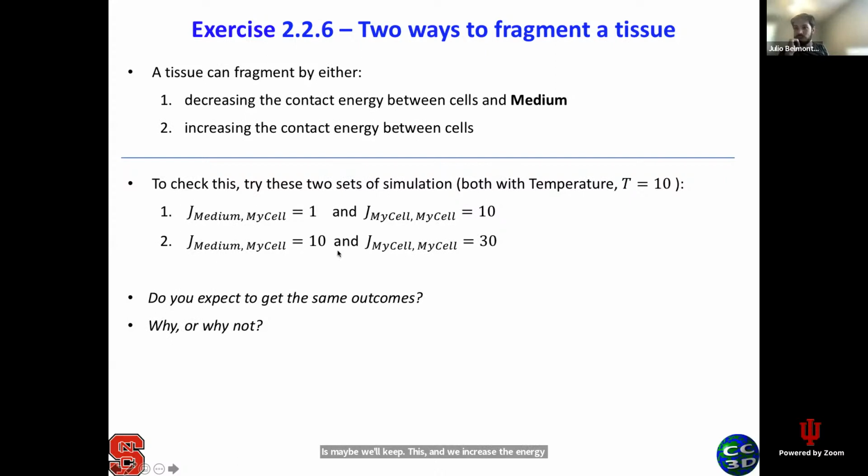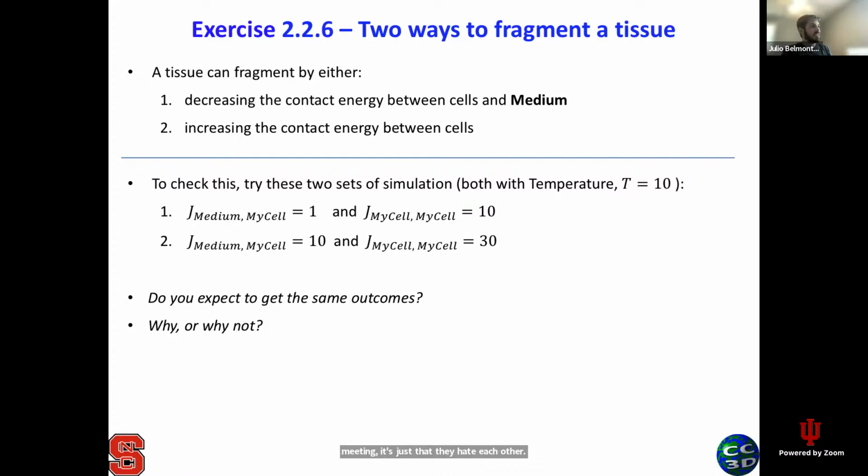So the cells do not like each other. Here you're changing the preference of the cell: the cell now likes the medium. And here, the cells dislike themselves. It's not that they like the medium, it's just that they hate each other.